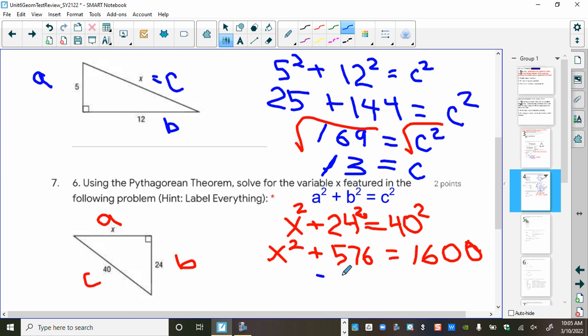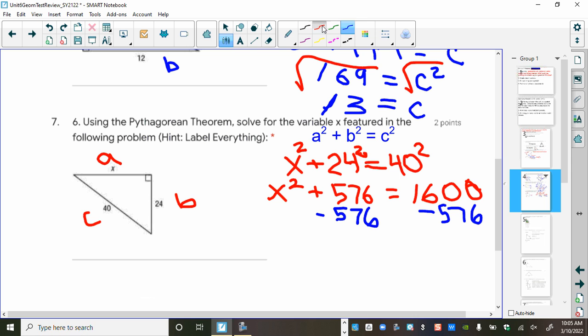Yeah, you have to subtract 576. X squared is what number? It's 1600 minus 576.